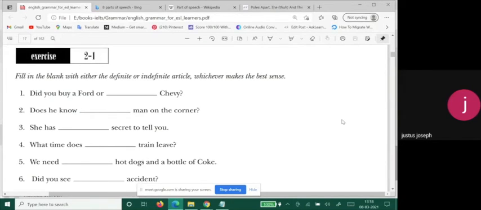That sounds stupid, right? Sounds illogical. You will always say, does he know the man on the corner? You say the man, pointing to the corner.